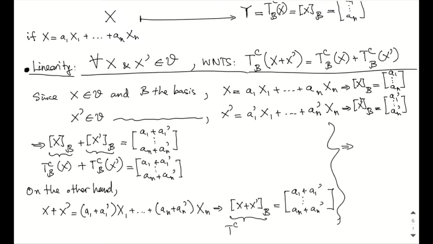It's the coordinate transformation applied on the vector x plus x prime. And you have seen that they are really the same. So T_CB of x plus x prime really is equal to T_CB of x plus T_CB of x prime. And we are done with the first part of the linearity.